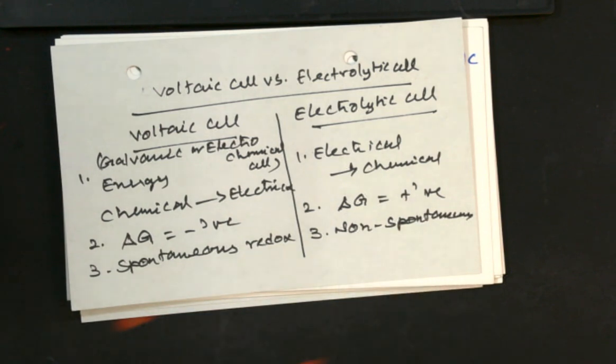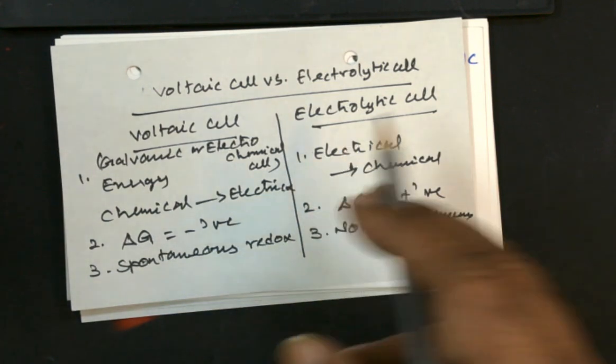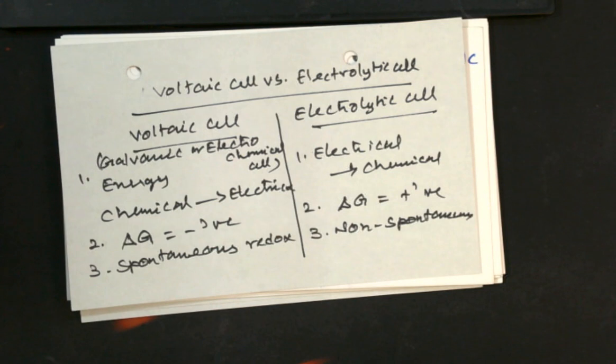It means this redox reaction under the electrolytic cell is not spontaneous. This is non-spontaneous. It means we have to trigger the reaction by charging the cell. So charging is required. Charging means what?